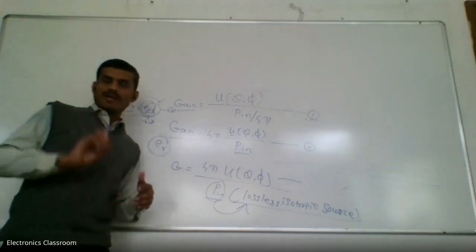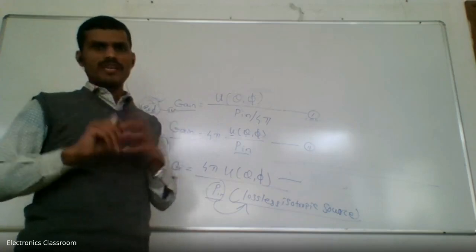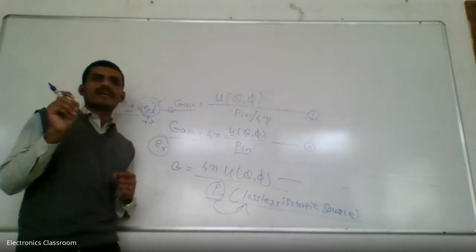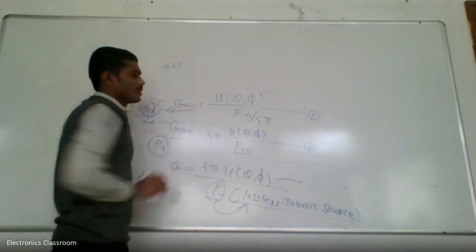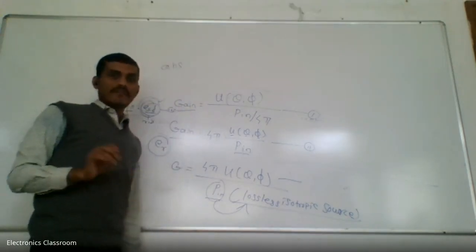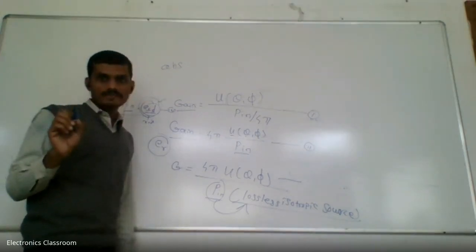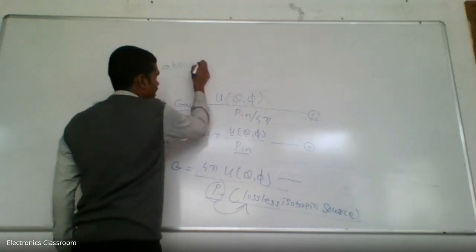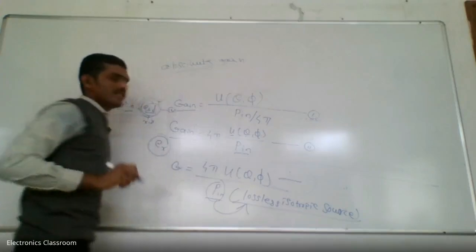Now, at that time we are considering two different gains. One is simple gain, that is G, and the other gain is referred to as absolute gain, G_ABS.